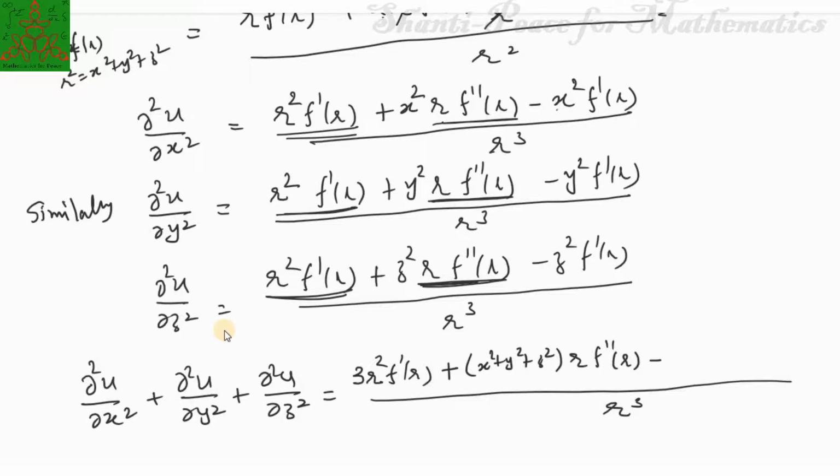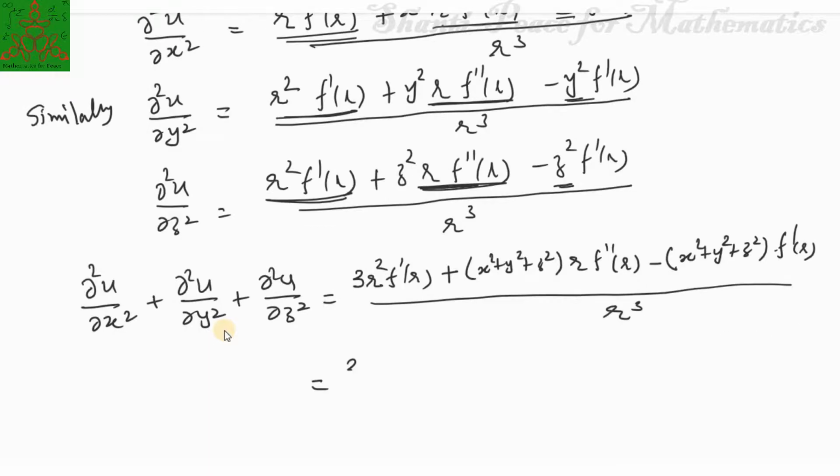here you just note that f dash of r is common out, and inside the bracket you will have r, x square plus y square plus z square, into f dash of r. Finally, what you will have is 3r square f dash of r plus r cube f double dash of r minus r square f dash of r upon r cube.